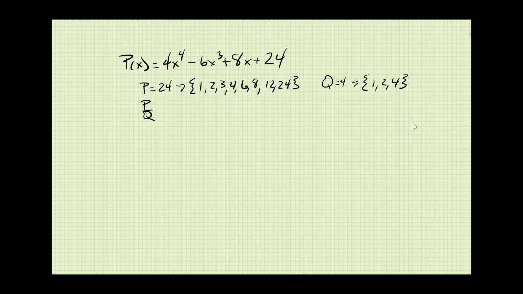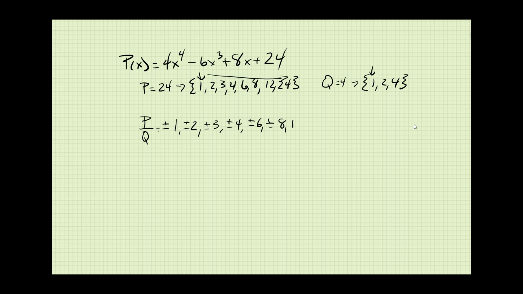I'm going to give myself a little more room for it. Again, we start with the first term of this set and divide it by the first term of this set, and we do that for every term in here. So that means we're going to do 1 divided by 1, which is 1. Then 2 divided by 1, which is 2. 3 divided by 1, 3. 4 divided by 1, 4. 6 divided by 1, 6.